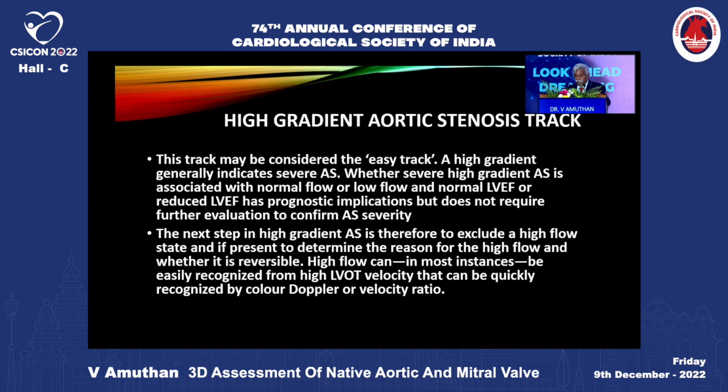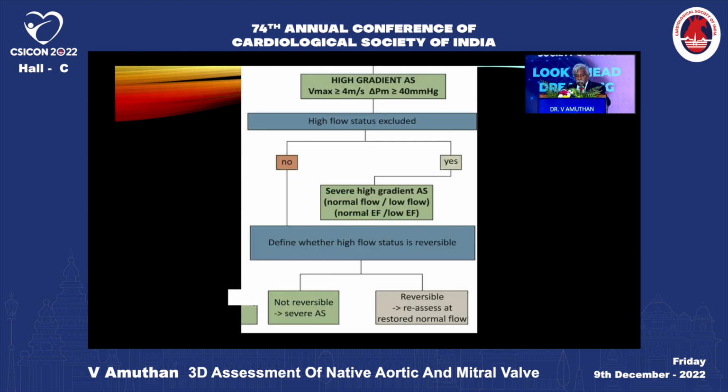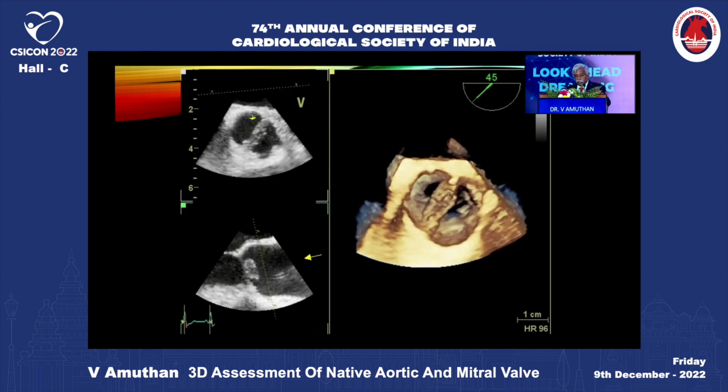Whether severe high gradient AS is associated with normal flow or low flow or normal ejection fraction or reduced ejection fraction has prognostic implications but does not require further evaluation to confirm the aortic stenosis severity. So the only thing you have to exclude is the high flow state, that's all.